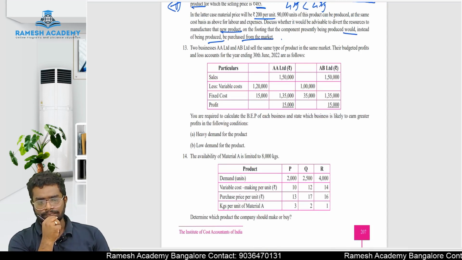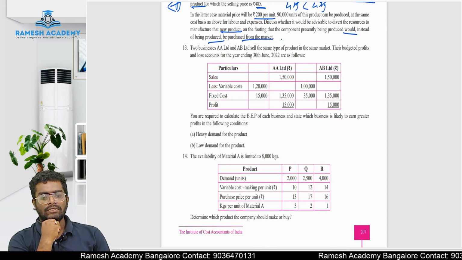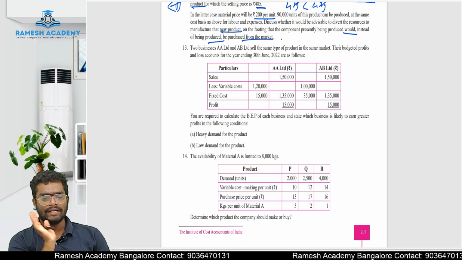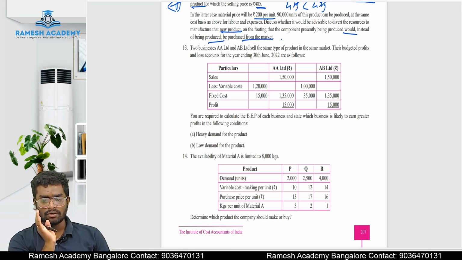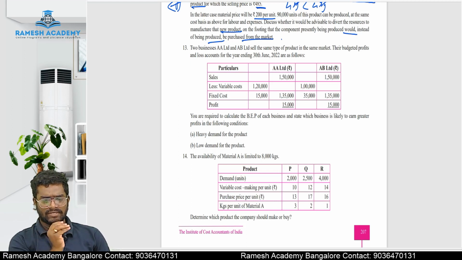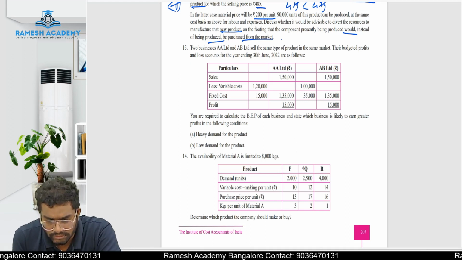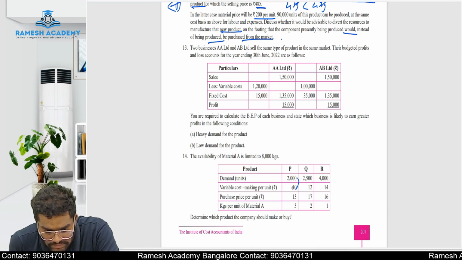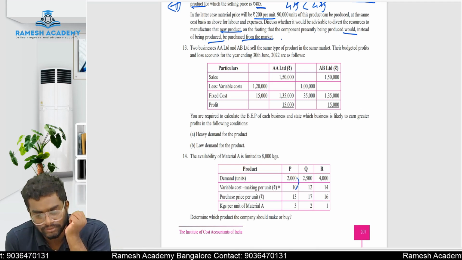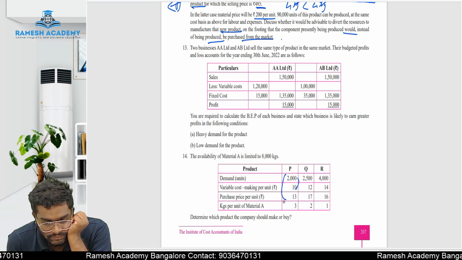Now 14. The availability of material is limited to 8000 kg. Demand they have given, variable cost of making, and purchase price per unit per kg. Determine whether the company should make or buy. In this question, multiply this and this, you will get the making cost. Multiply this and this if you are purchasing from outside.